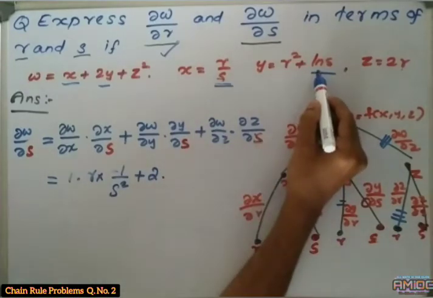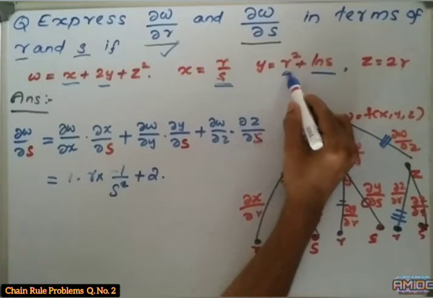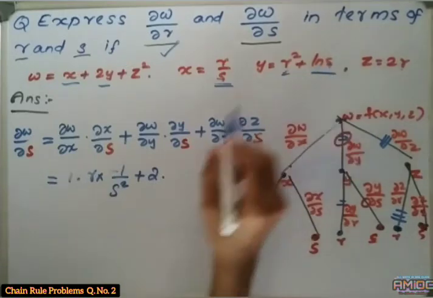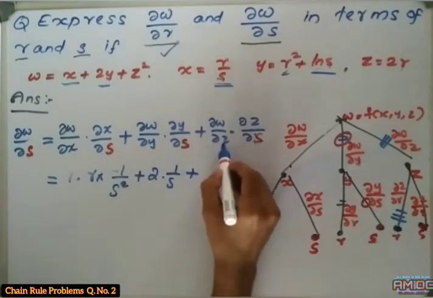Taking the derivative with respect to s, we can treat r square as constant. Therefore, the derivative of r square is 0, and the derivative of ln s is 1 by s, plus dou w by dou s. Sorry, dou w by dou z.